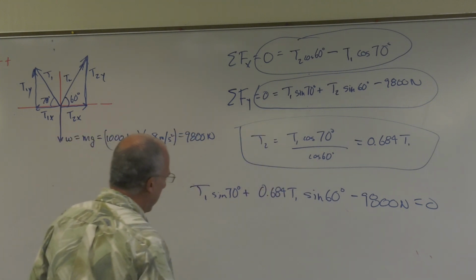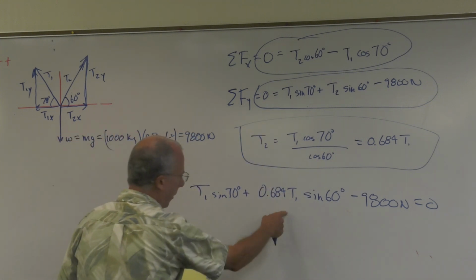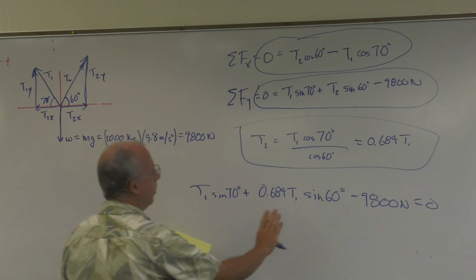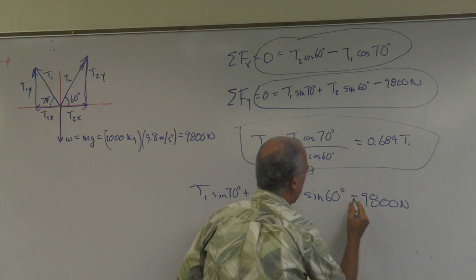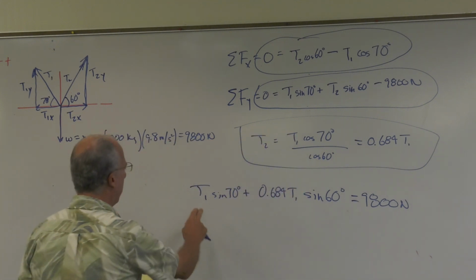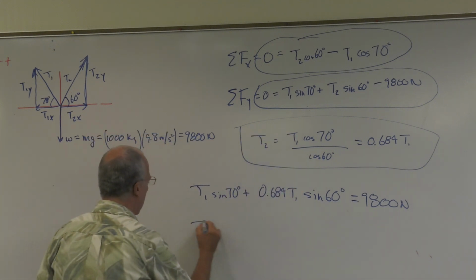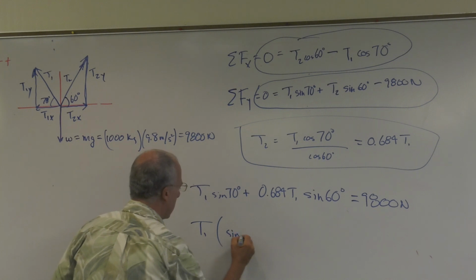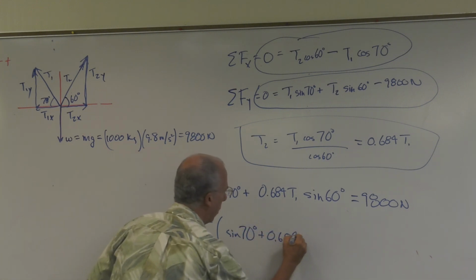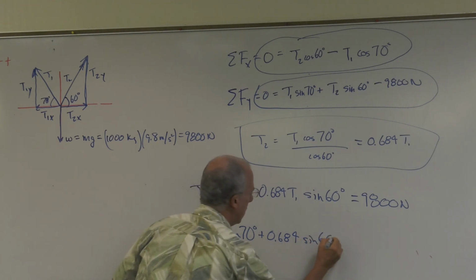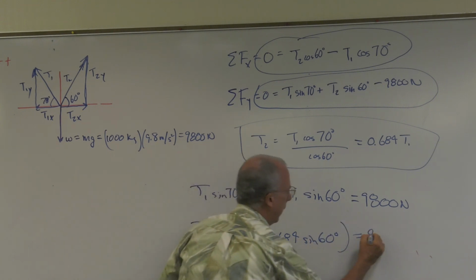Okay? So now we're going to solve for T1, right? We want to know what T1 is. So let's put this on the other side. Then let's factor out the T1. So we have T1 times sine 70 plus 0.684 sine 60 equals 9,800.